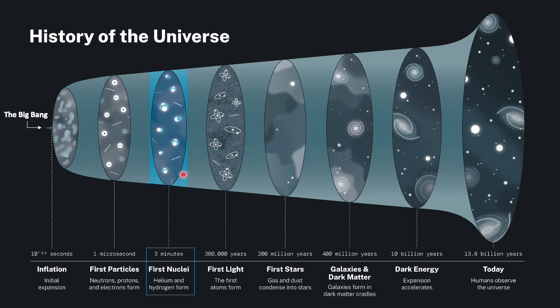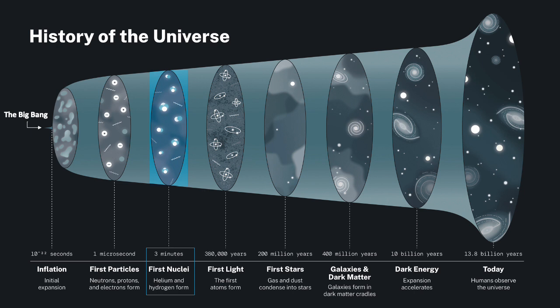This era is also called the era of nucleosynthesis. The hydrogen that is created here is all the hydrogen the universe will probably ever create. Some of the hydrogen nuclei combine to form helium as well, but that should only be a few percent in comparison to how much hydrogen is available.